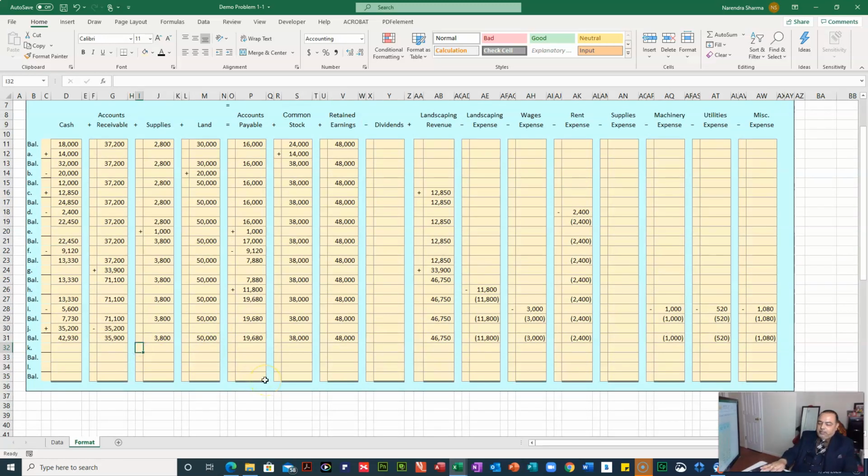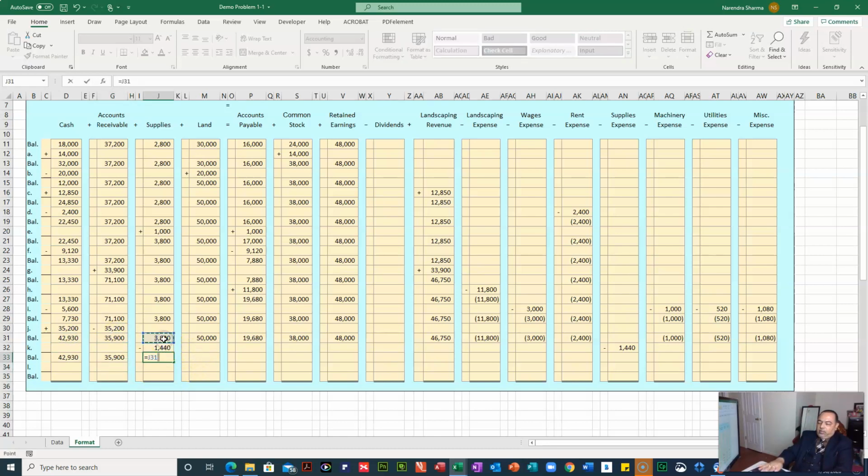So this is going to be minus, and the amount is 1,440. And then of course I'm going to go all the way to supply expense and write minus 1,440. So those are the changes. Cash balance remaining 42,930. Accounts receivable remaining 35,900.